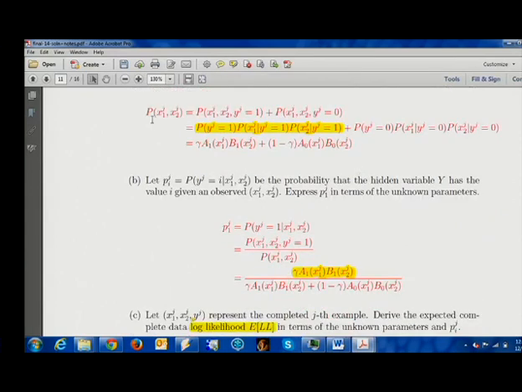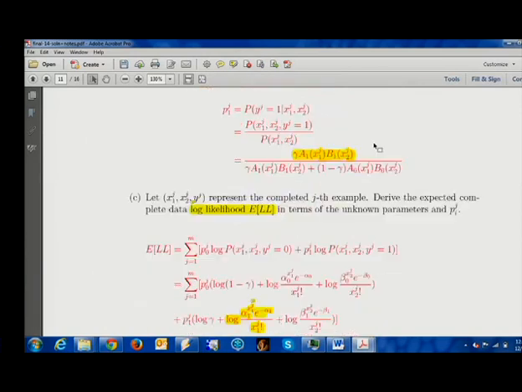Here we wrote the joint this way, right? And that's what you get, basically marginalizing.